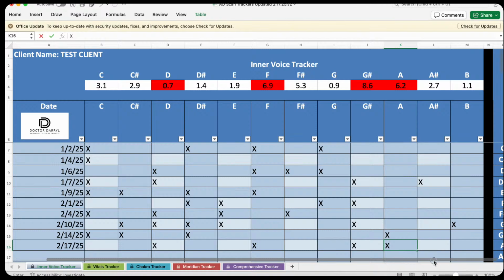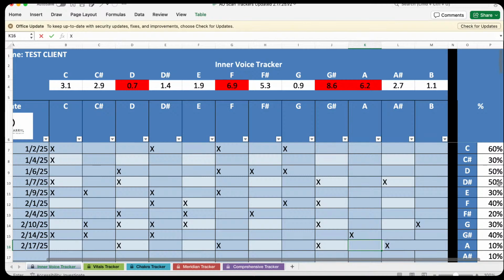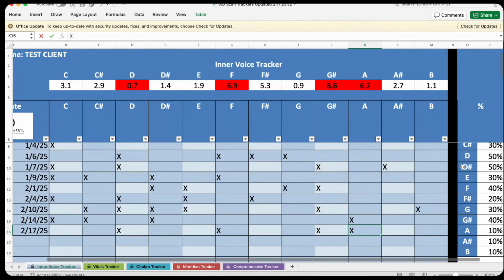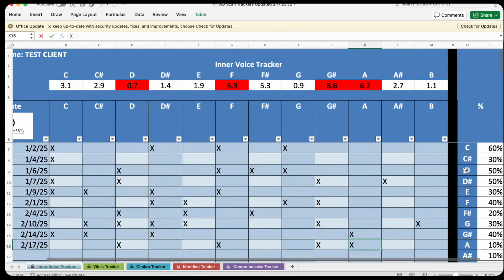the percentages change over here to the right, and it will let me know what percentage of times these things are coming up. So if this were a real person, this is a test person, I would know that the note C comes up 60% of the time. And the note C coming up 60% of the time is something that I might want to look into.